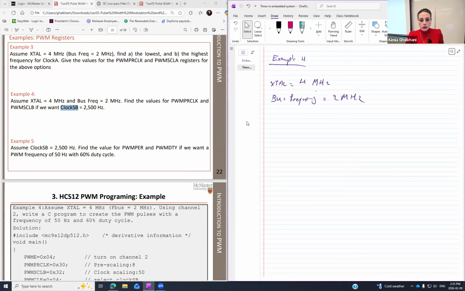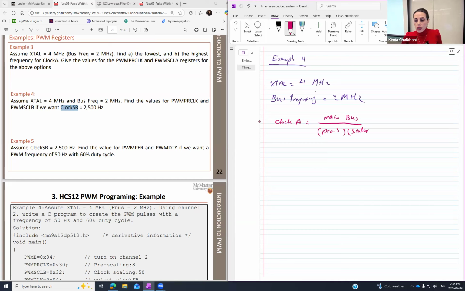So I'm going to say clock A is my main bus divided by my prescaler times scalar. I just showed you my prescaler and scalar. My main bus or bus frequency, I just have it from here.